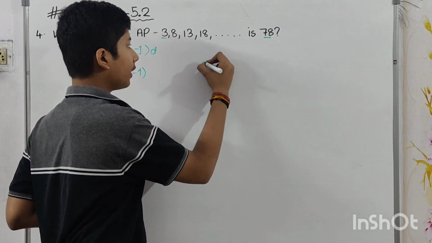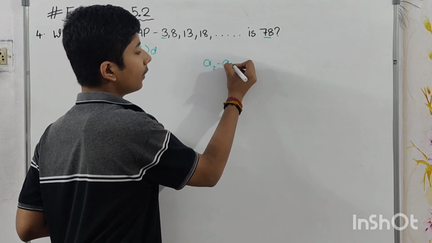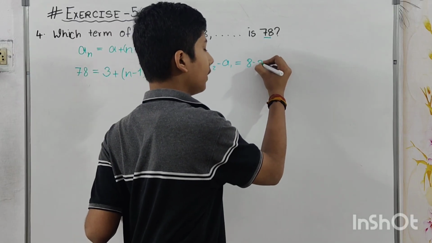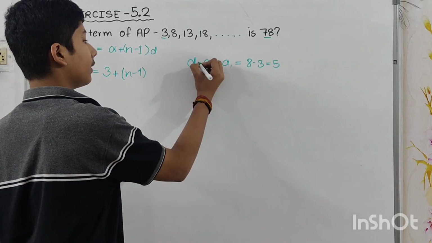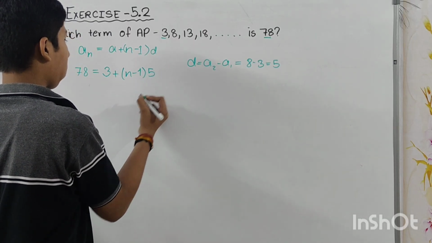D is the common difference, which will be the second term minus the first term, which is 8 minus 3, which means 5. So 5 is the common difference. We'll just put 5.